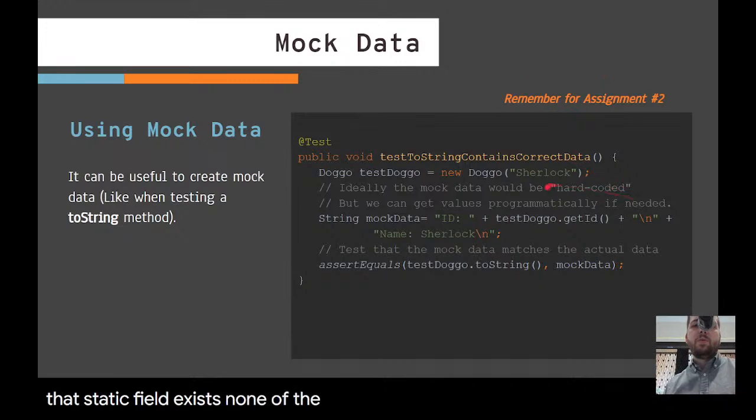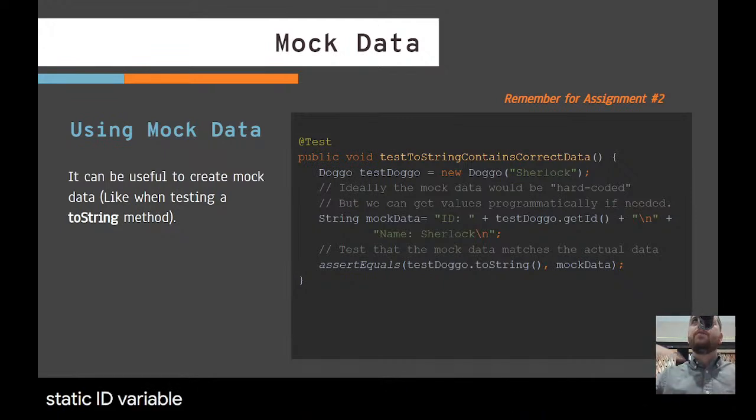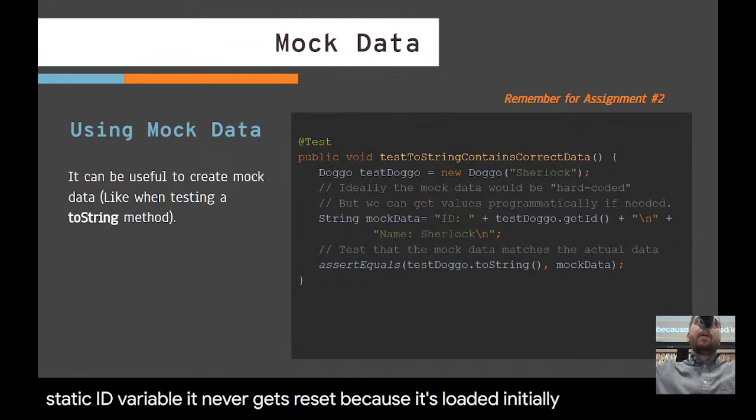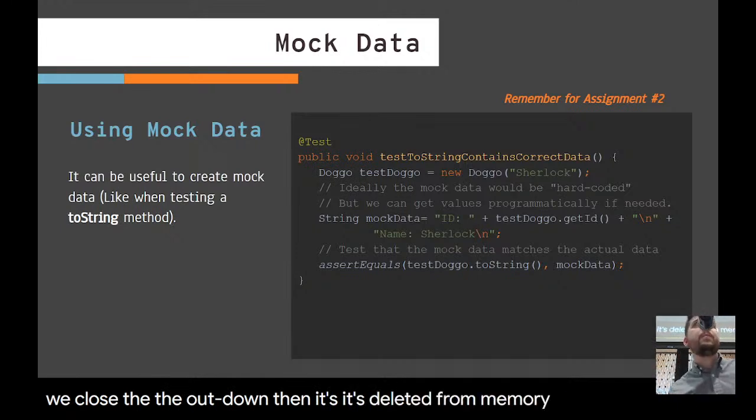None of the individual instance fields exist, but that static field exists. And so that means if we have 10 tests, and each test increments that static ID variable, it never gets reset, because it's loaded initially, and then once we close the app down, it gets deleted from memory.